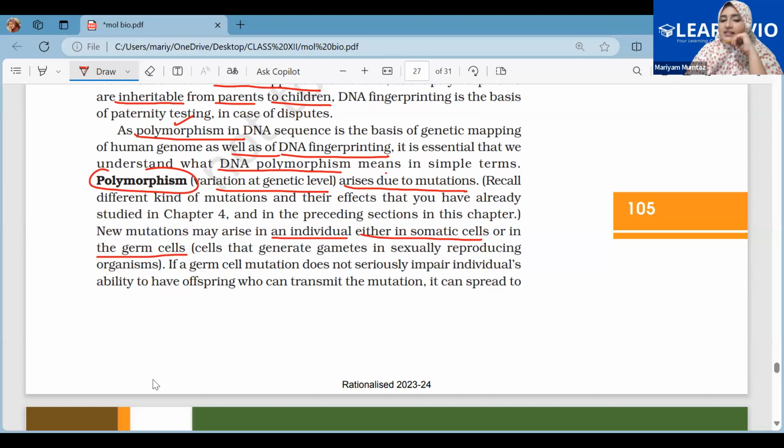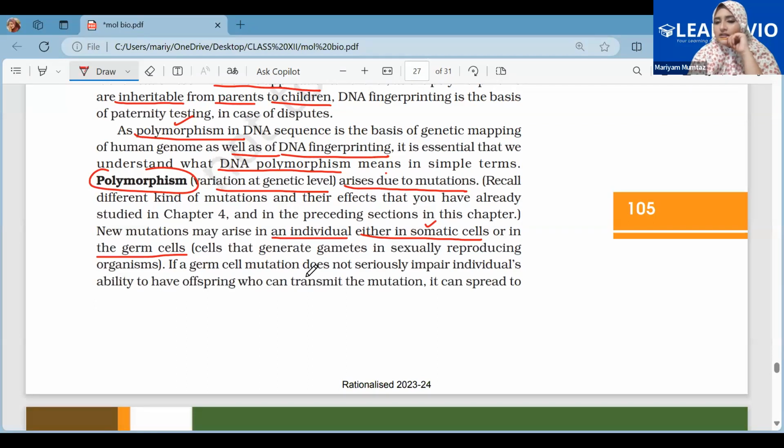We know that. What are somatic cells, students? They are the lining cells, the cells from where all the organs arise.